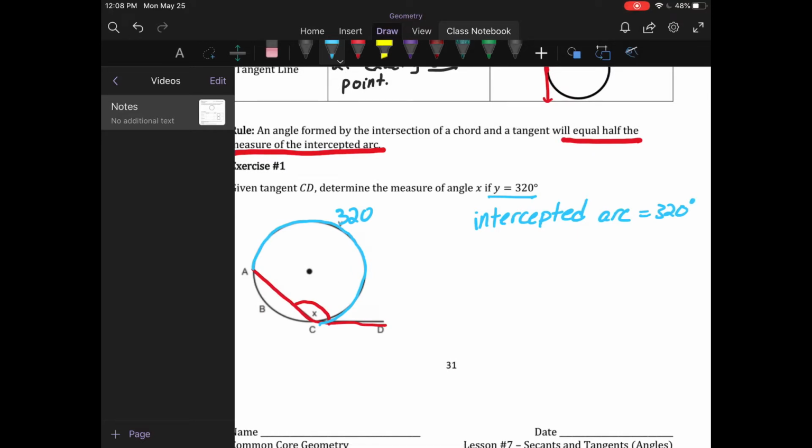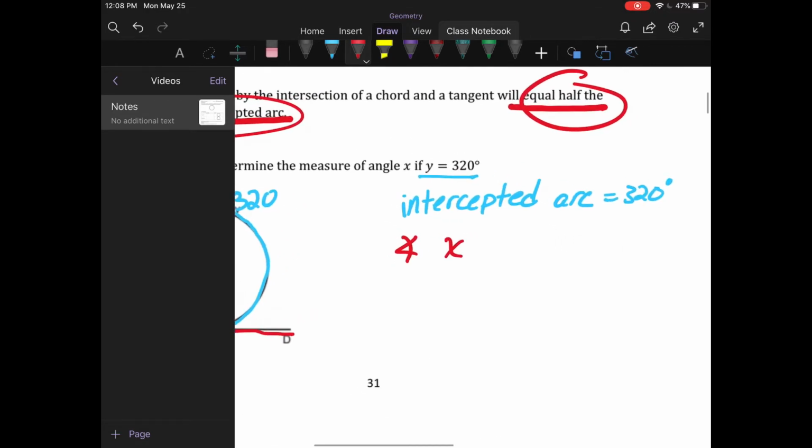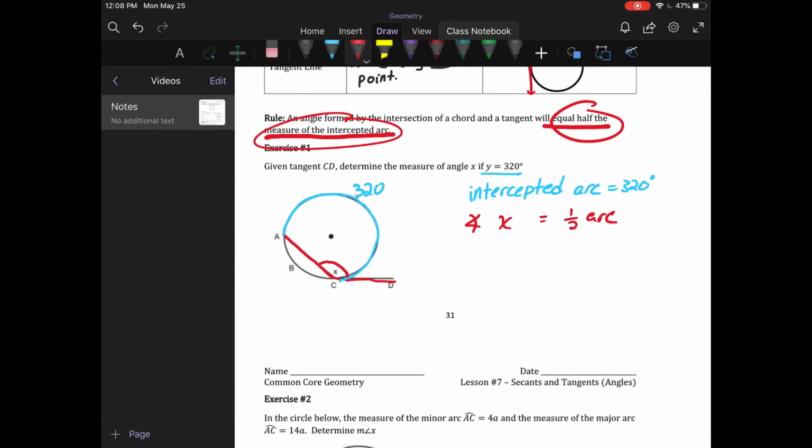Then the angle made by the chord and tangent, that is X. So our angle, which is X, is going to be half of the measure of the intercepted arc.